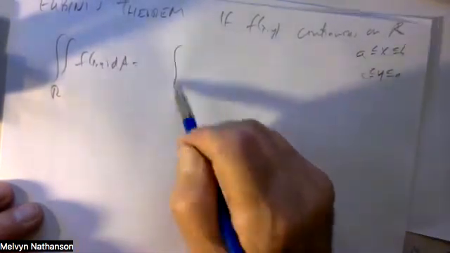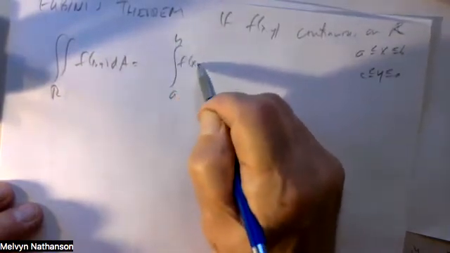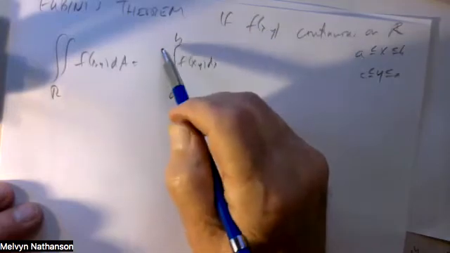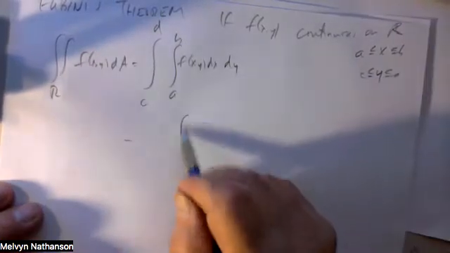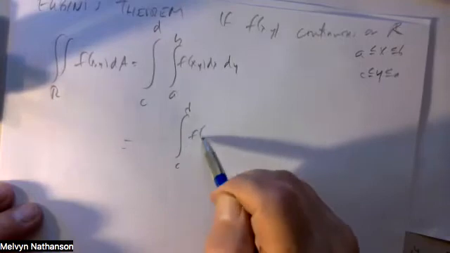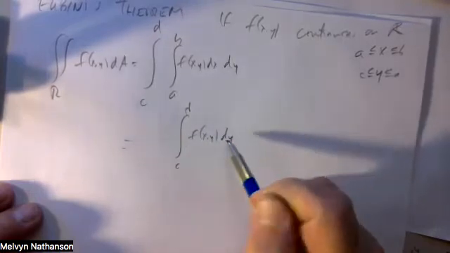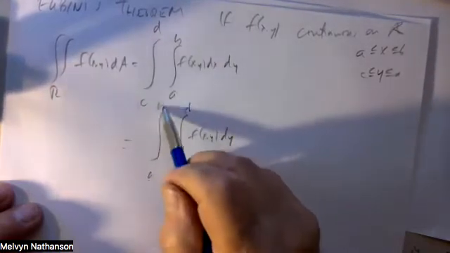You can integrate, if you like, first with respect to x from a to b, f of x, y dx, and then integrate that with respect to y from c to d. Or you can integrate first with respect to y, and then integrate that from a to b with respect to x. And so long as your function is continuous, you always get the same result.